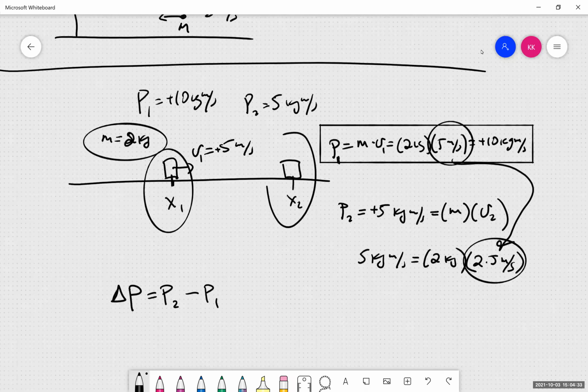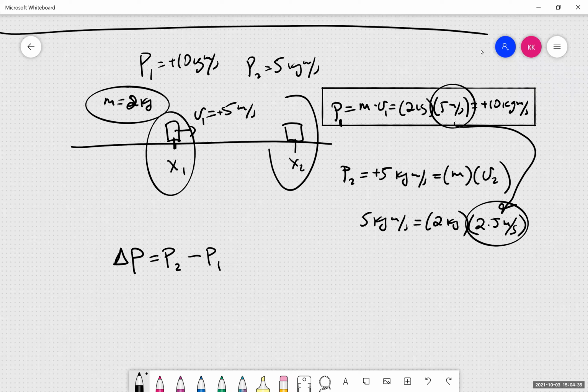Previously, we talked about how a decrease in velocity of the object was due to an acceleration. Acceleration will change your velocity as a function of time. Then we talked about forces, and we said, okay, this acceleration comes from some kind of net force acting on the object that has mass m.